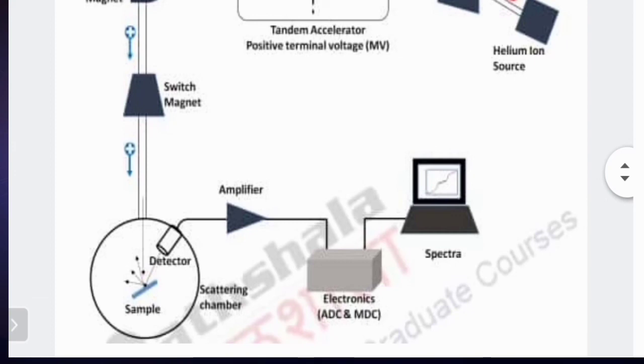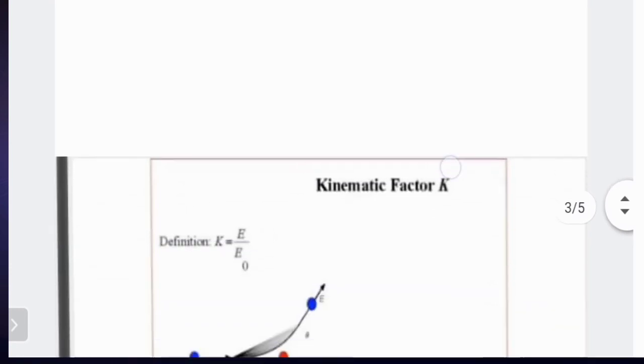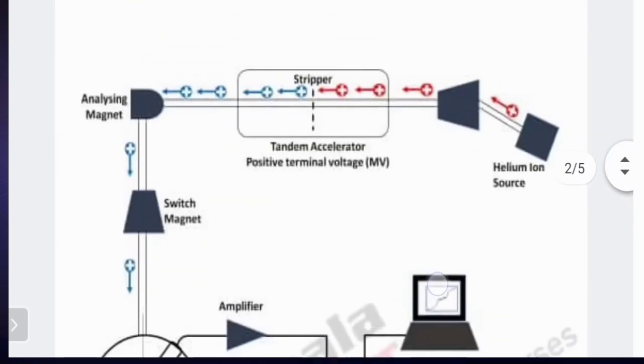That signal is amplified and transferred to the electronics, so we get a digital signal. In the end we get the spectra: the yield of those particular ions versus the backscattering energy. So the spectra is obtained. We will see the instrumentation one by one in the next lecture.